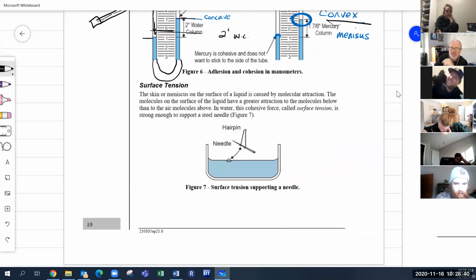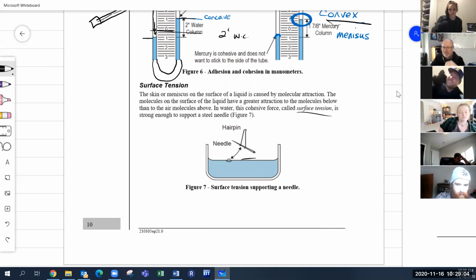Now, surface tension. Remember, we mentioned surface tension. We talked about gravy, but you could also put a pin on the water and it will float. You ever see those bugs sitting on top of the water? Water has this surface tension on it that these bugs can literally float on top of the water.